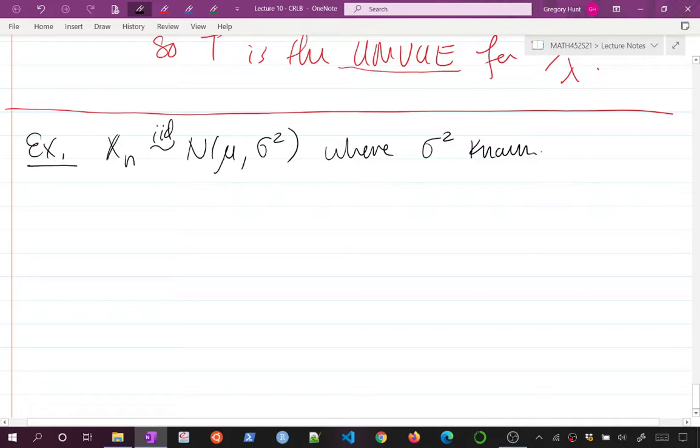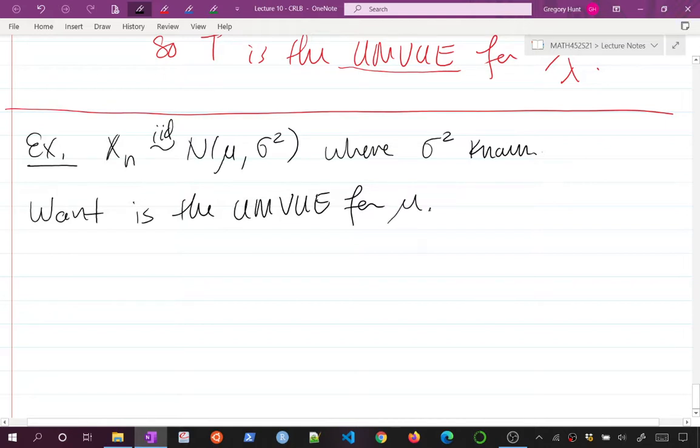We're assuming we know what sigma squared is, which might not be realistic, but it allows us to think of this as a one parameter family. It only has an unknown parameter, mu. So what we want is the UMVUE for mu. We want to estimate the mean.